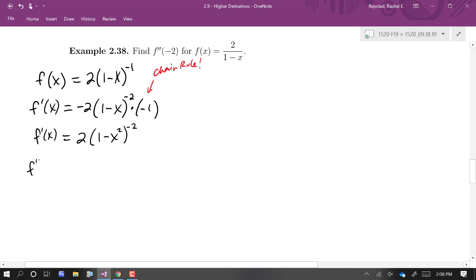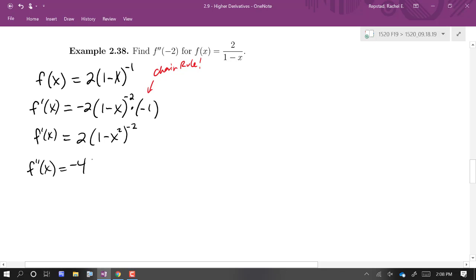So now if we find the second derivative, who wants to have a go at this? How do we start? -4.